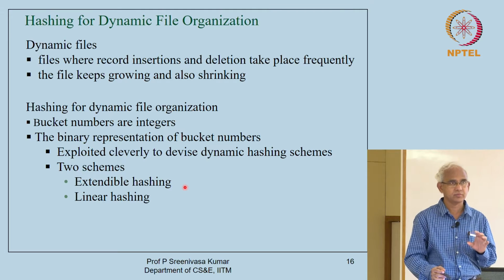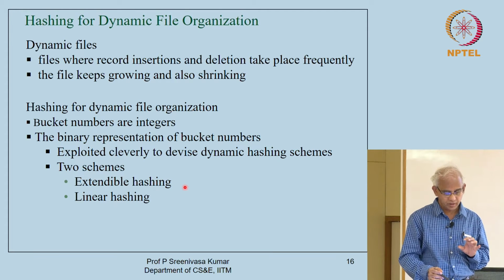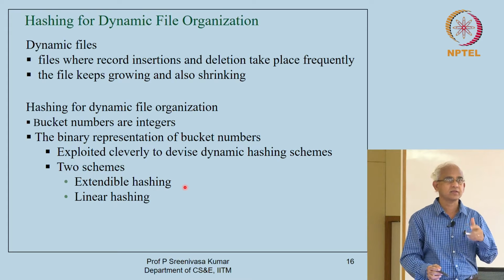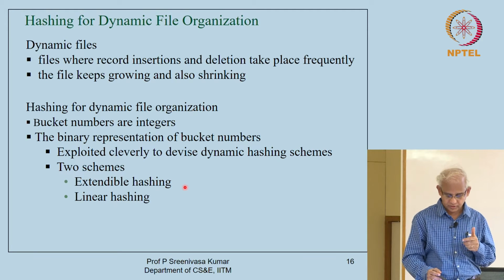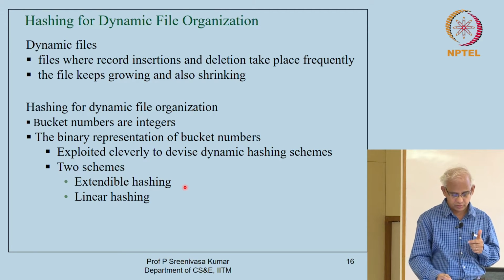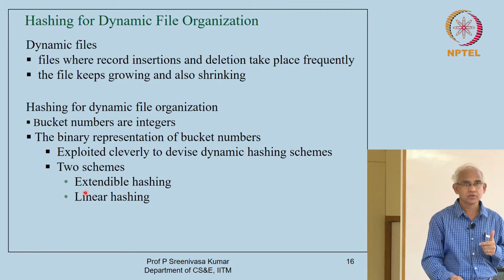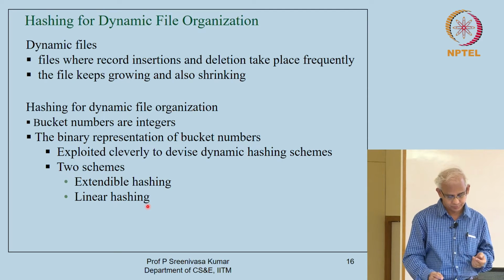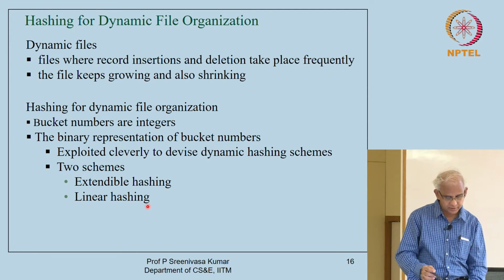We get a sequence of bits, and we cleverly make use of these bits to organize a dynamic hashing scheme. So, both extendable hashing and linear hashing make use of the binary representations of the bucket numbers after you apply the hash function. Okay. So, let us get into the details.